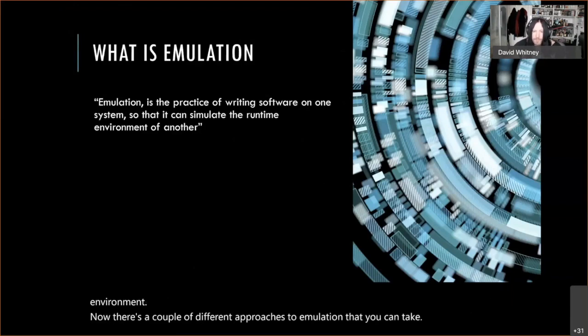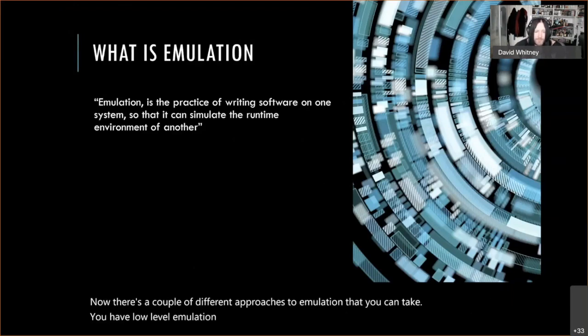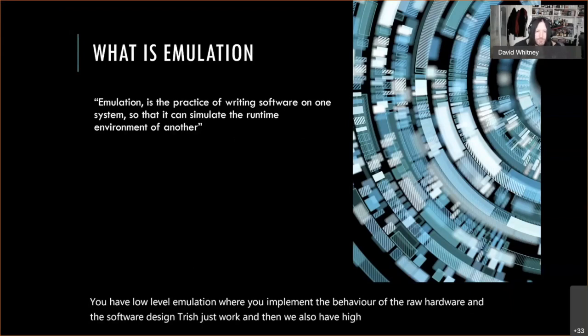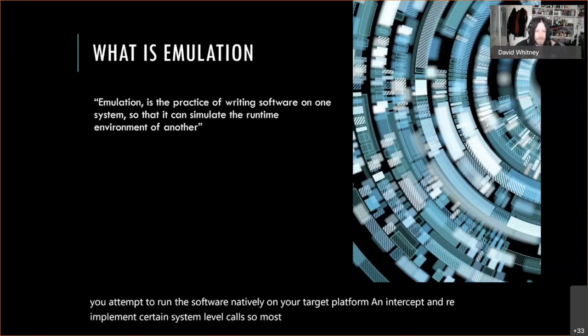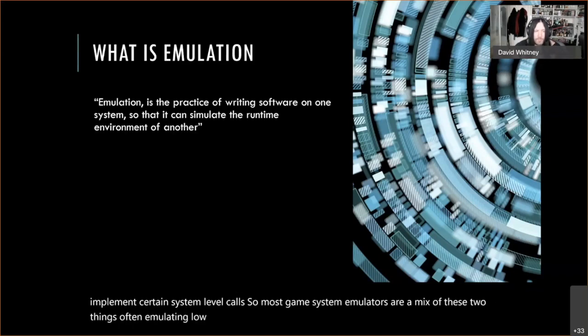You have low-level emulation, where you implement the behavior of the raw hardware, and then the software designed for it should just work. And then we also have high-level emulation, which is where you attempt to run the software natively on your target platform and intercept and re-implement certain system-level calls. So most game system emulators are a mix of these two things, often emulating low-level hardware architecture while re-implementing things like 3D drawing calls in higher-level modern APIs.